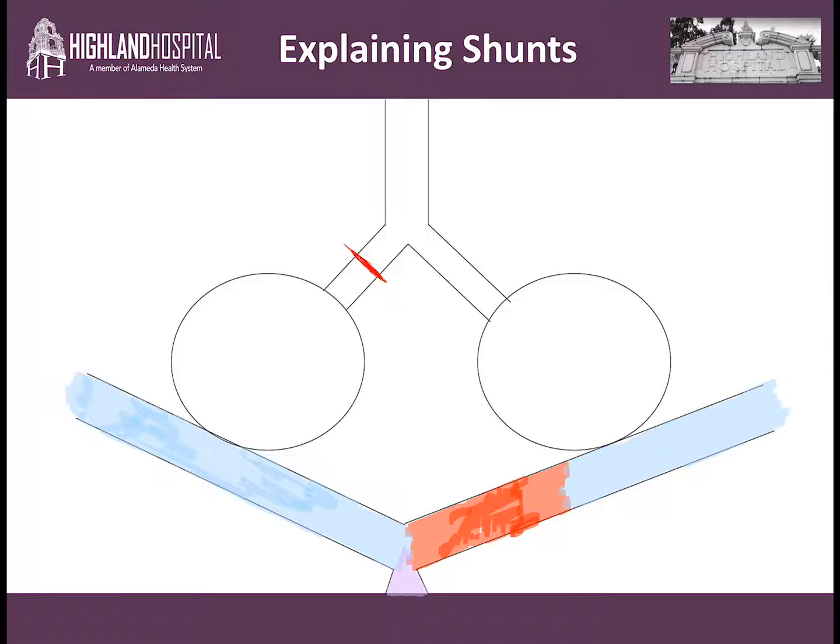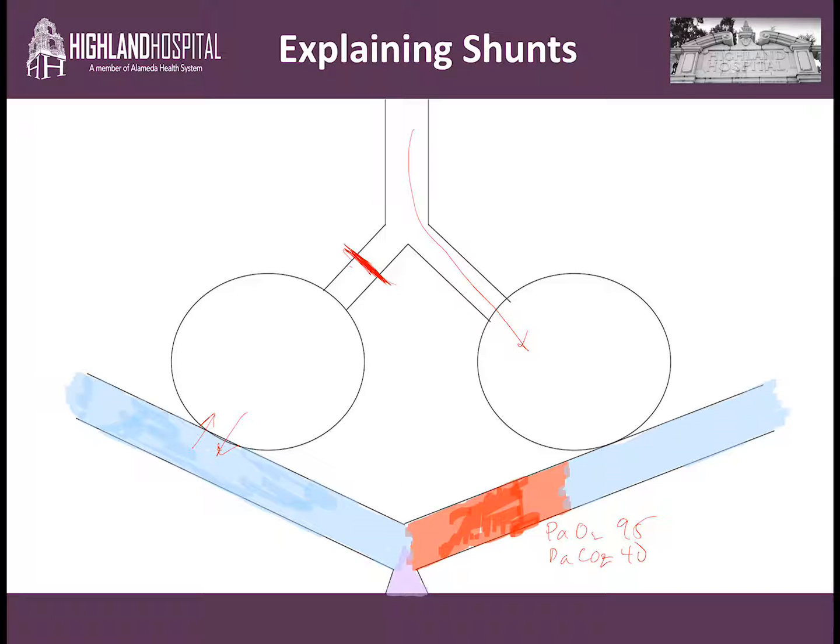This is normal physiology, so you would expect on the arterial side your PaO2 to be 95 and your PaCO2 to be about 40. But here, since you can't participate in any ventilation because of the shunt, you're only mixing with deoxygenated blood. You never mix with room air here.